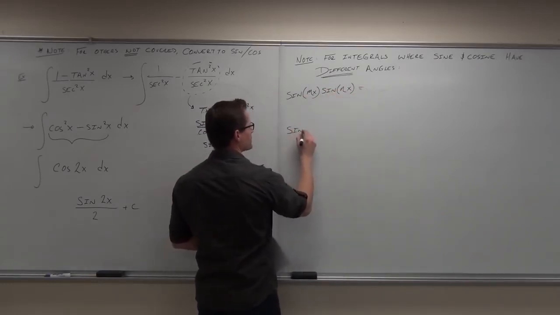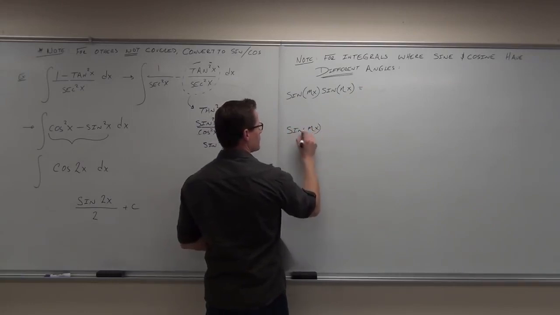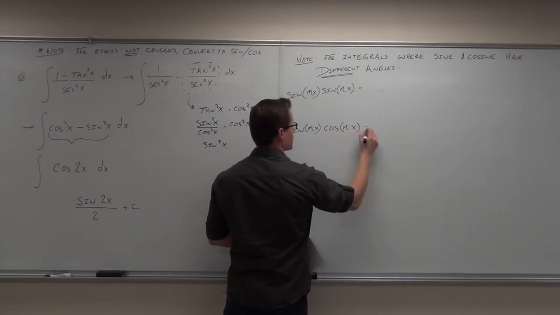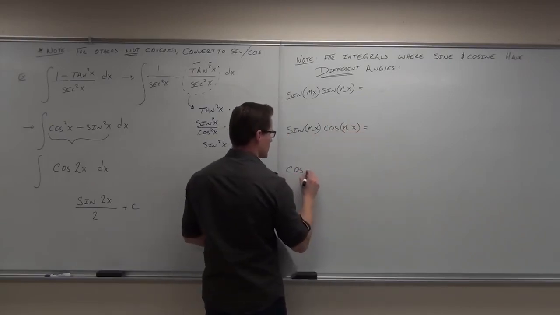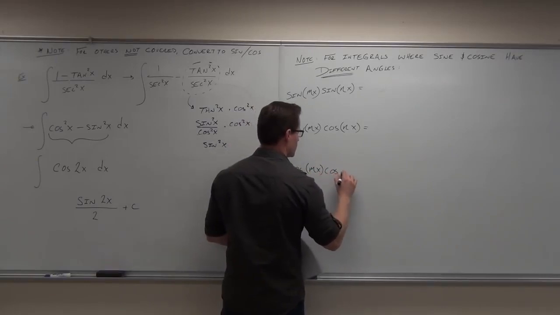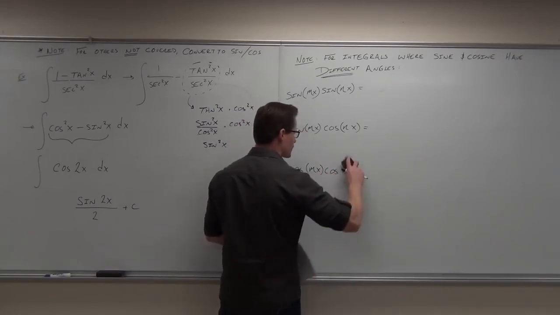Or where we have a sine and a cosine, where the angles are different. Or lastly, where we have a cosine and a cosine, where the angles are different.